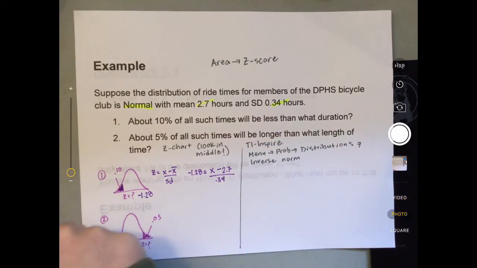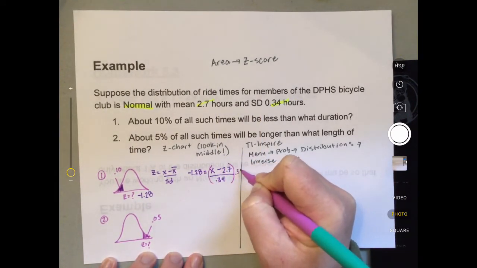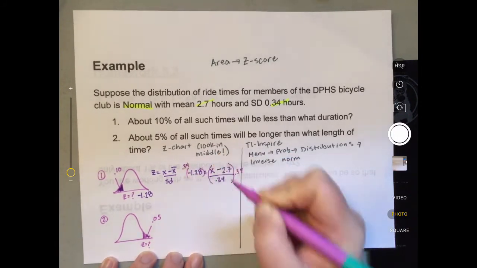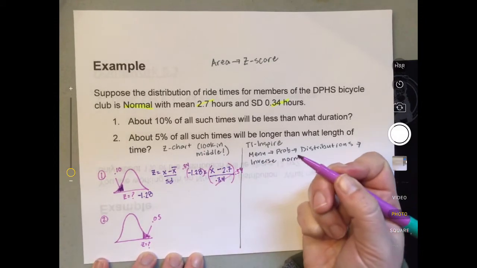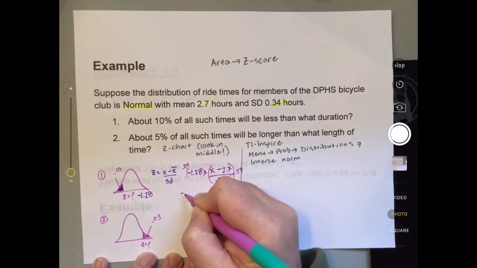Now, if we use algebra to solve this, I would multiply by 0.34 on both sides to get rid of this 0.34 here.